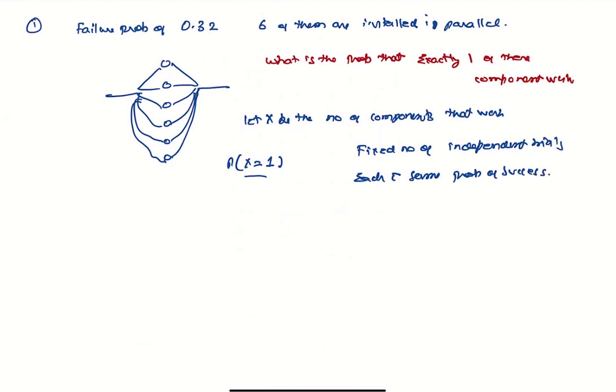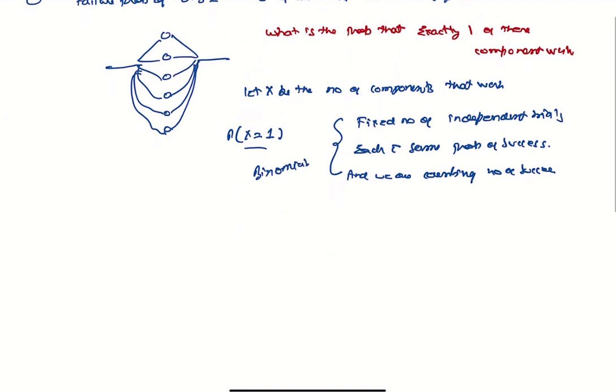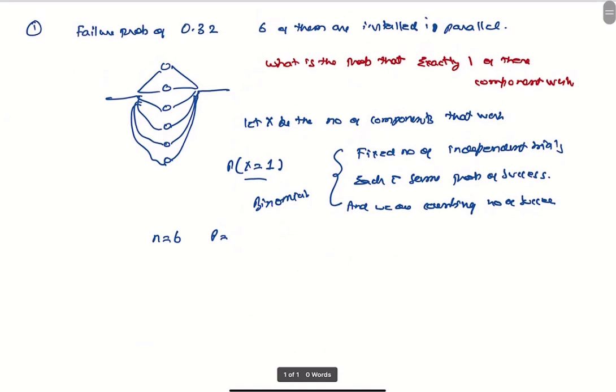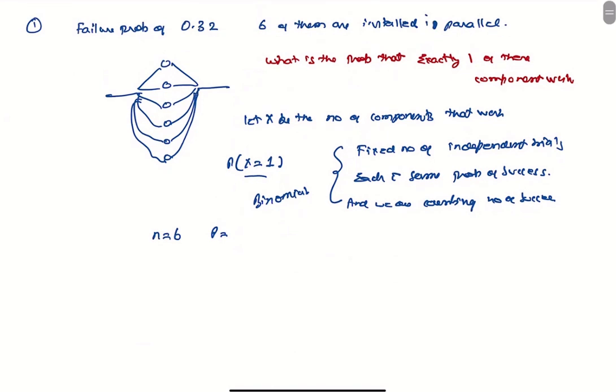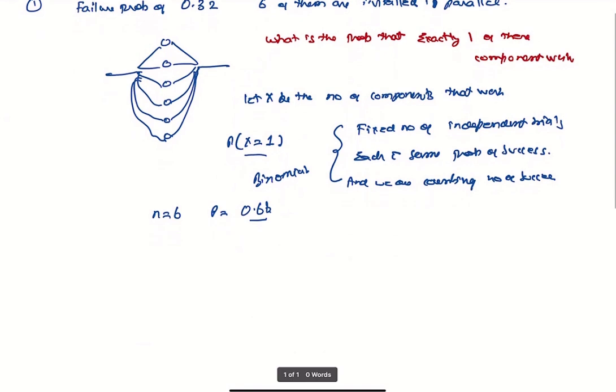And we are counting the number of successes. So that sounds like a binomial problem. So the random variable X will have a binomial distribution with n of 6 and a probability of 0.68 of success, because failure is 0.32.